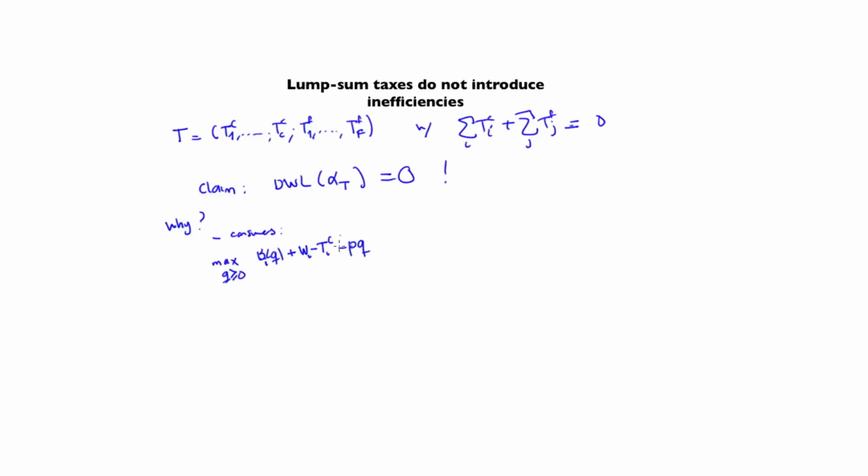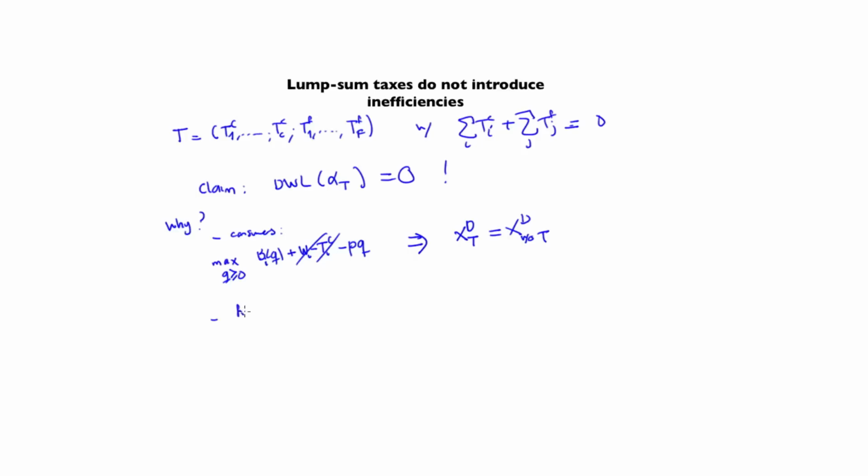Now the tax is a constant, it doesn't depend on Q, and therefore we can drop it, which implies that their demand, and in general aggregate demand, with the tax is just the demand that they had without the tax. The introduction of the tax doesn't affect the consumer problem, and therefore it doesn't affect aggregate demand.